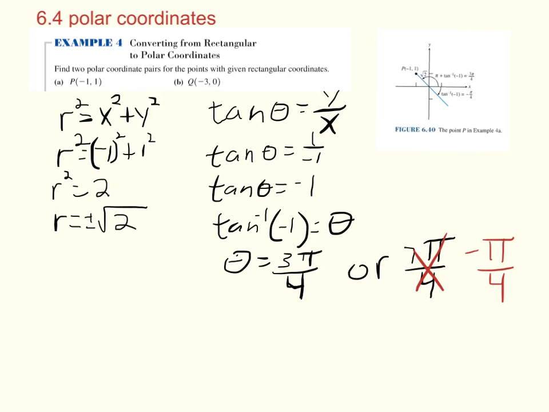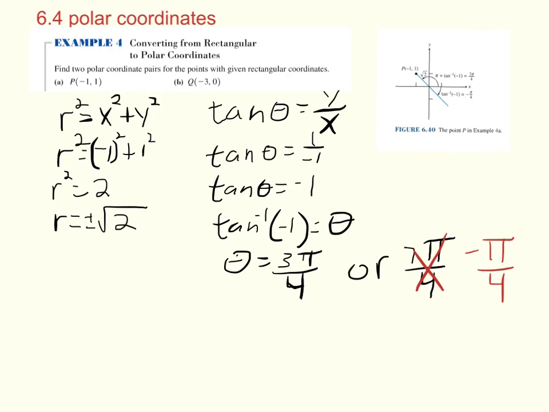Now, keep in mind, if we do the 7 pi over 4 or the negative pi over 4, either way, we now need to make sure that we're using the negative square root 2 for our directed distance.